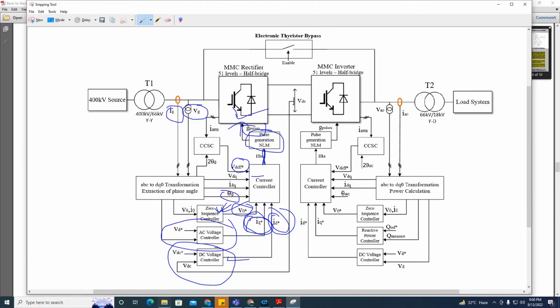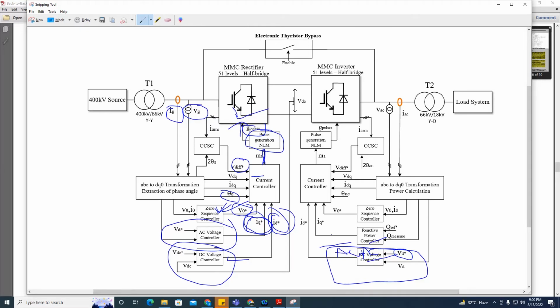Similarly, on the inverter side, this should not be the DC voltage control. Here's a mistake. This is basically AC voltage control, and this is reactive power control. So on the inverter side, there is AC voltage control and there is reactive power control.